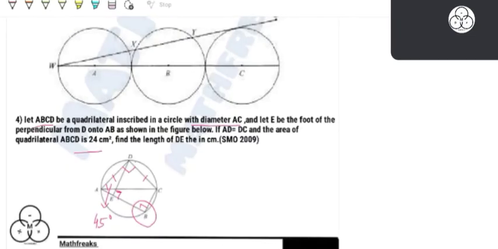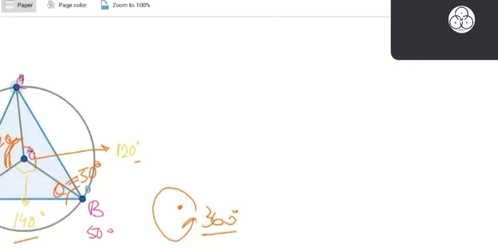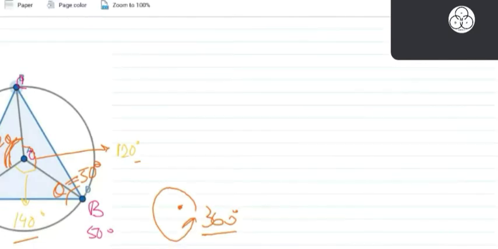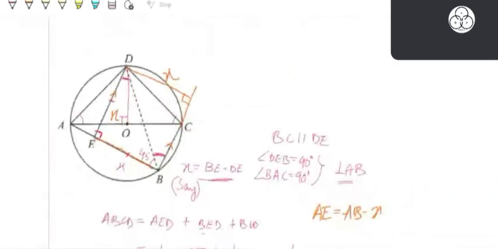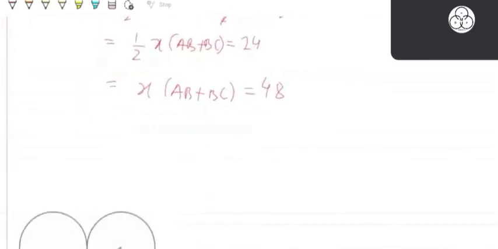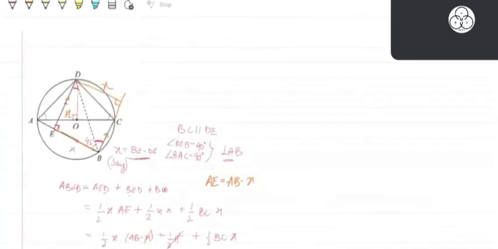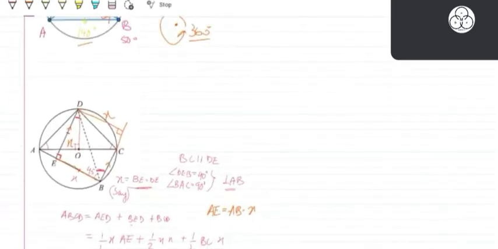What can we write in another form, the area of ABCD? Oh yeah, just look at this fact.